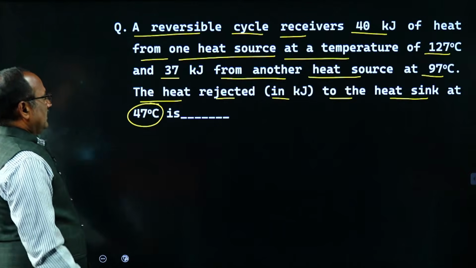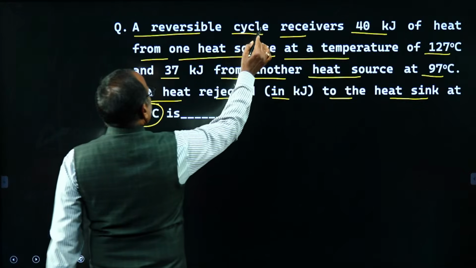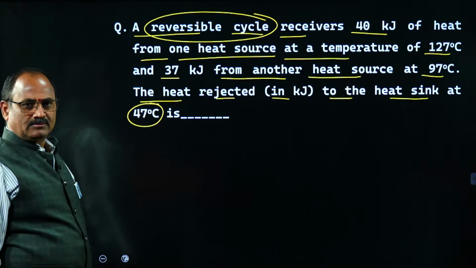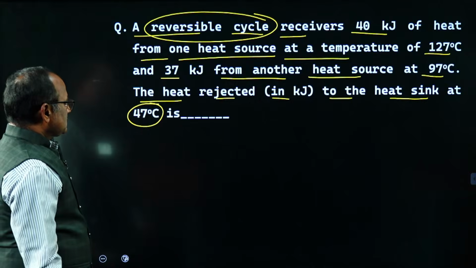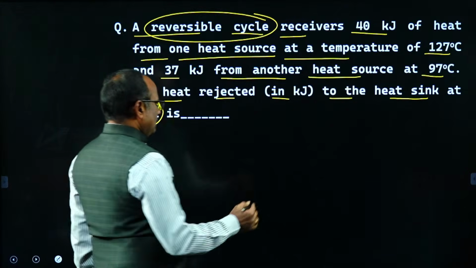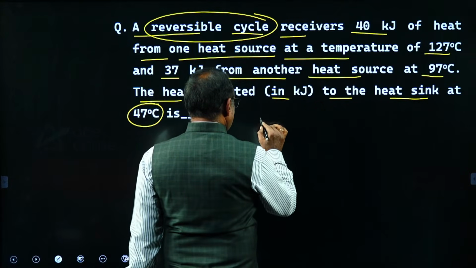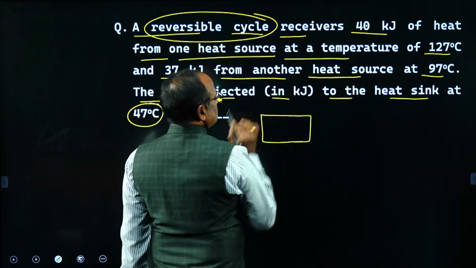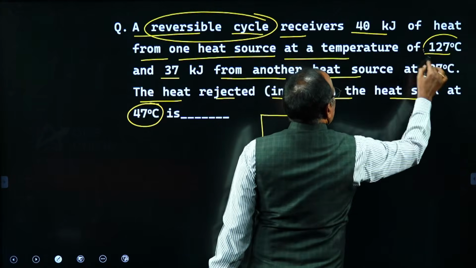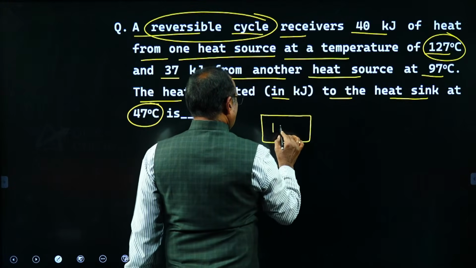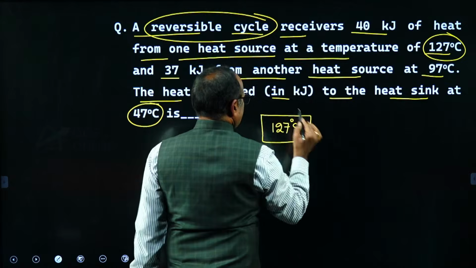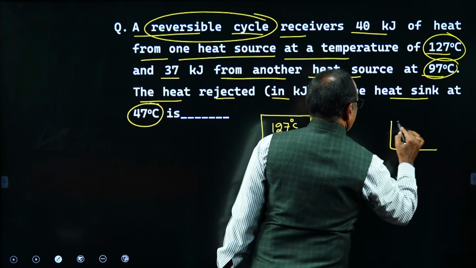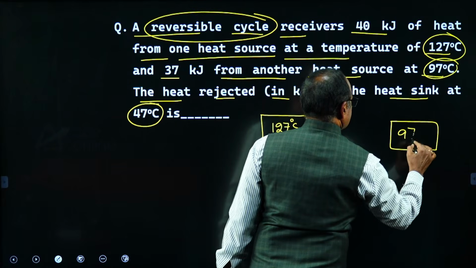Now look at the question. It is given for a reversible heat engine cycle. The schematic diagram or arrangement of the cycle may be like this. Let this be one source maintaining 127 degrees centigrade, and another source maintaining 97 degrees centigrade.